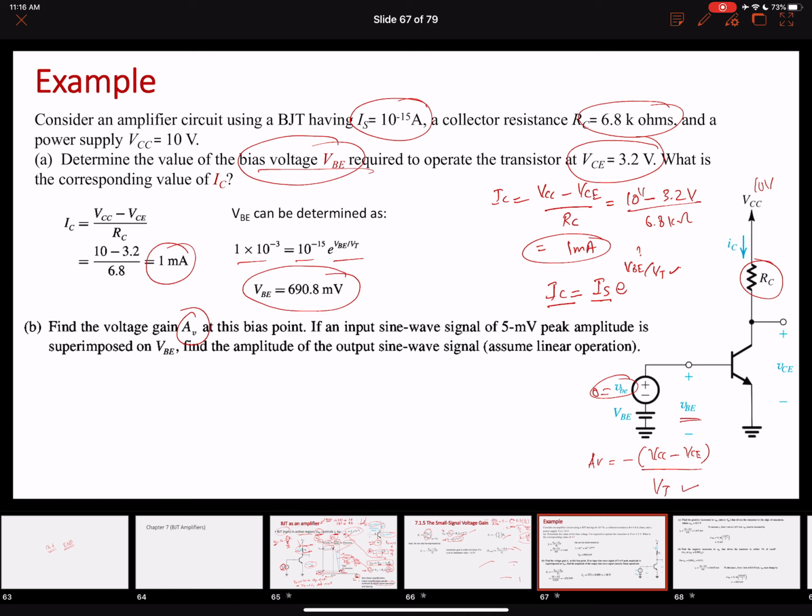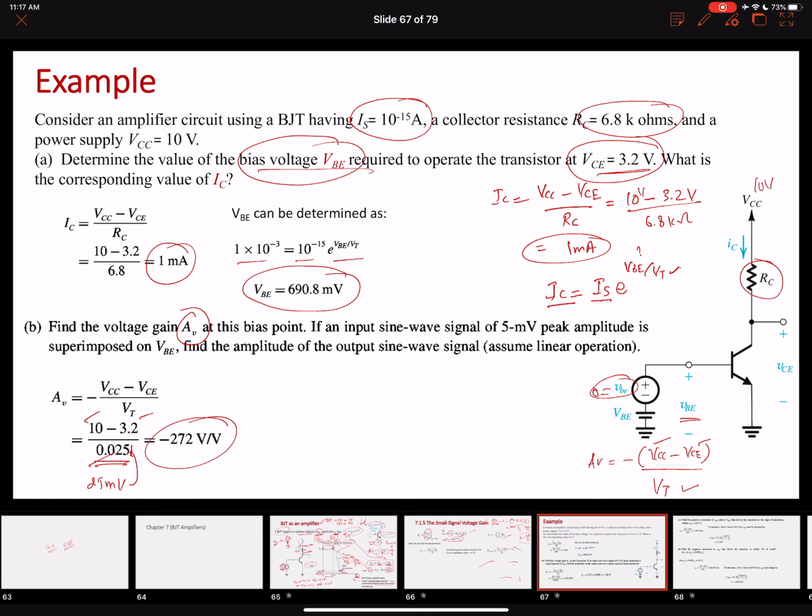VT is again 25 millivolts, VCC is 10 volts, VCE is 3.2 volts. Using these three values, we can easily figure out the voltage gain. So 10 volts, 3.2, and 25 millivolts, converted into volts. The answer comes out to be minus 272 volts per volt as the voltage gain. So it is amplifying your input signal by 272 times.